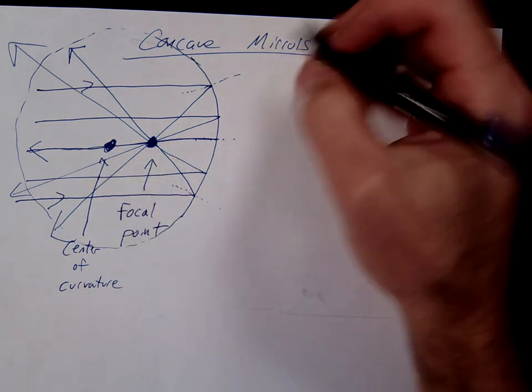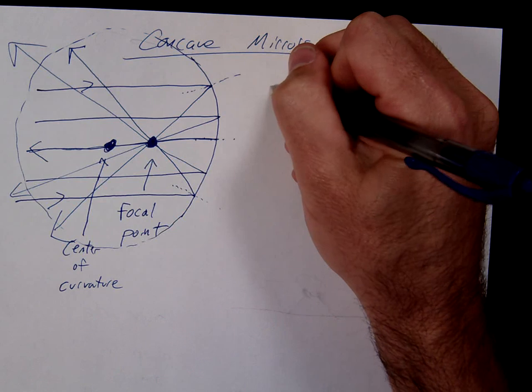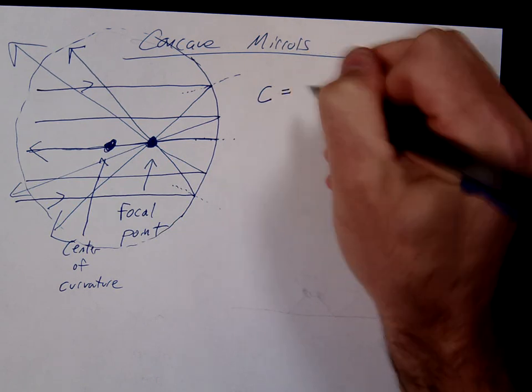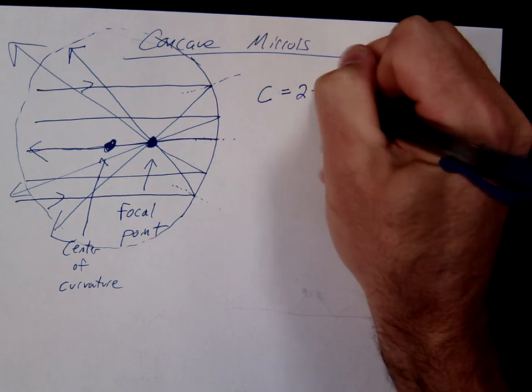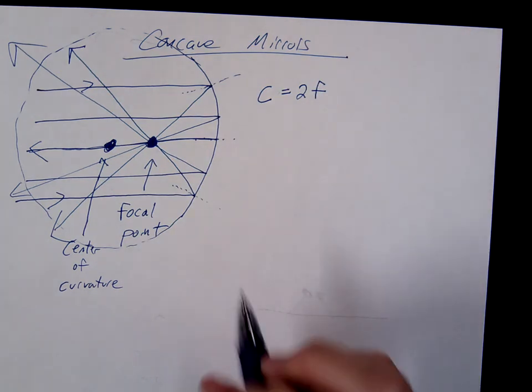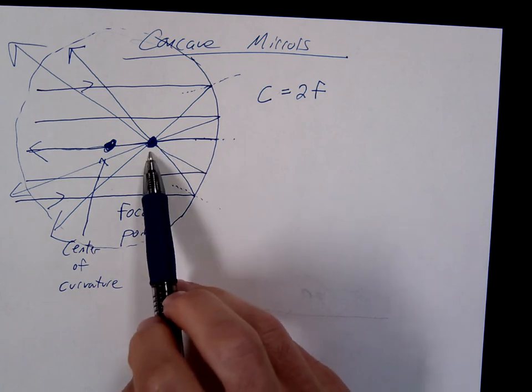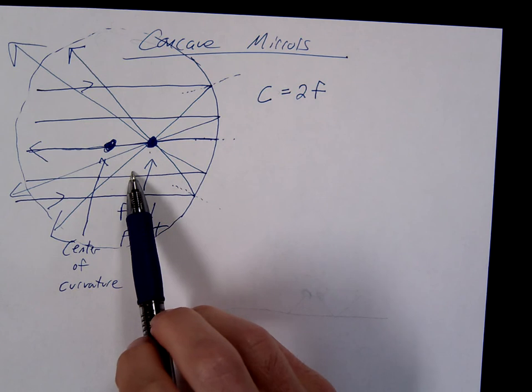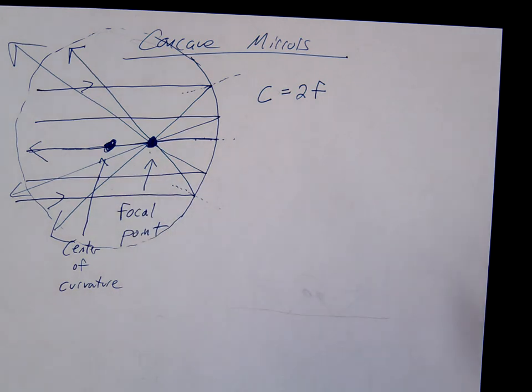So the radius of curvature, we'll just call this C, is exactly twice the focal length. So if you have a focal length of 10 centimeters, the radius or center of curvature would be 20 centimeters. So it's exactly double. Okay?